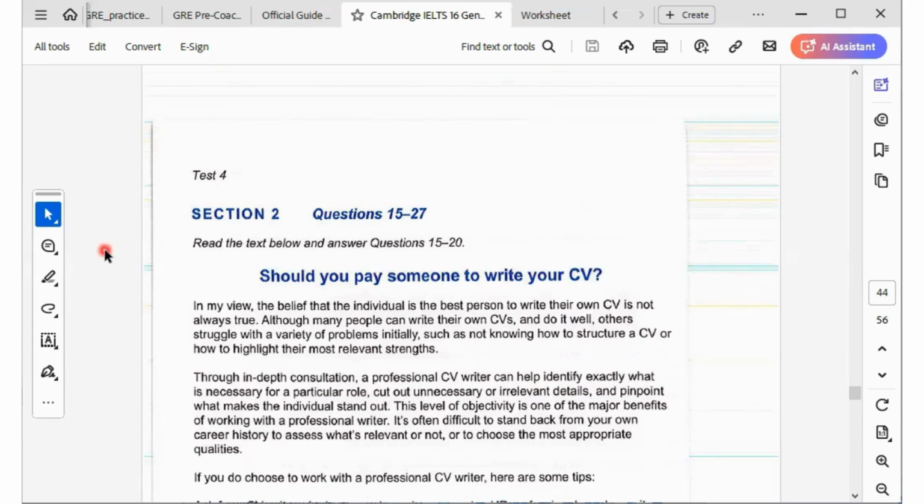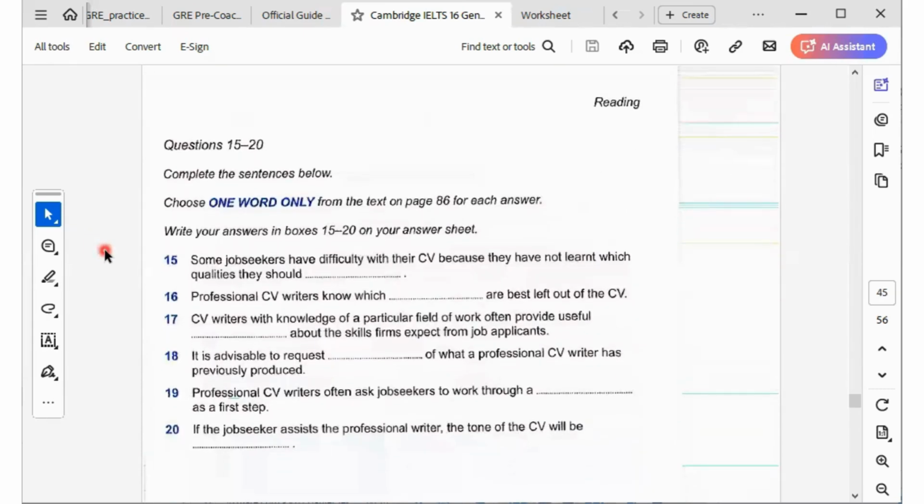Number 16, details. Number 17: CV writers with knowledge of a particular field often provide useful dash about the skills firms expect from job applicants. CV writers with knowledge of a particular field is a keyword here.